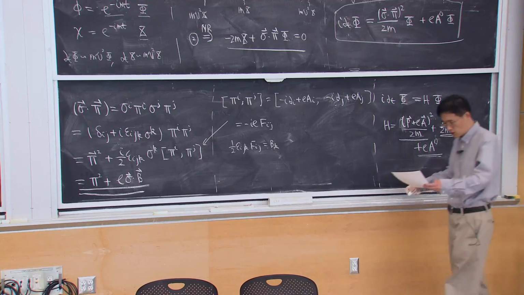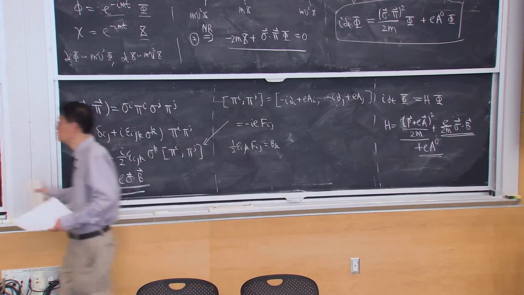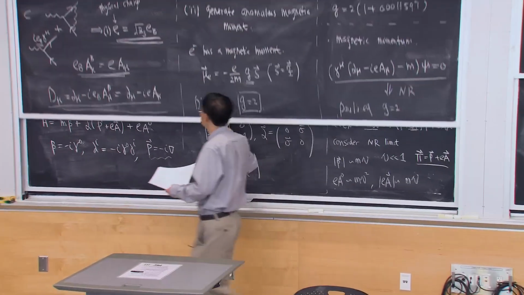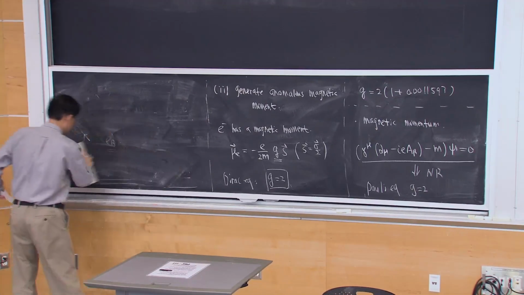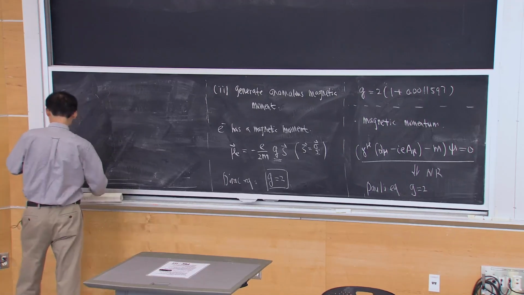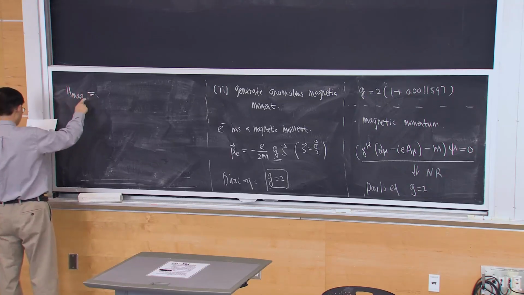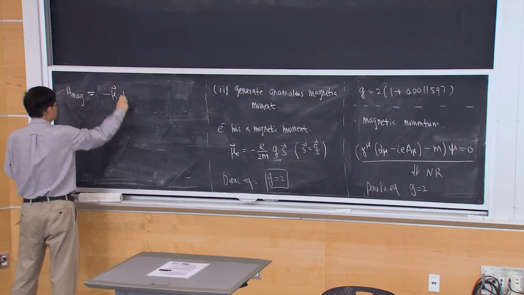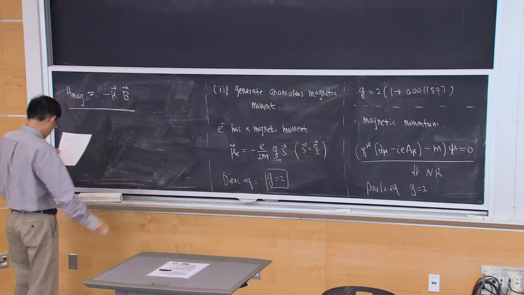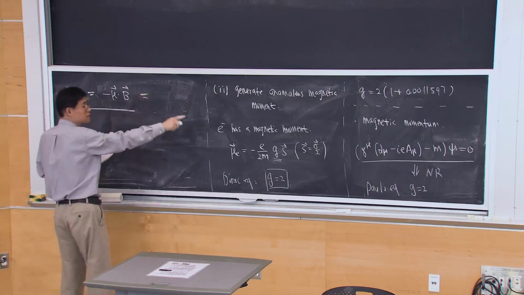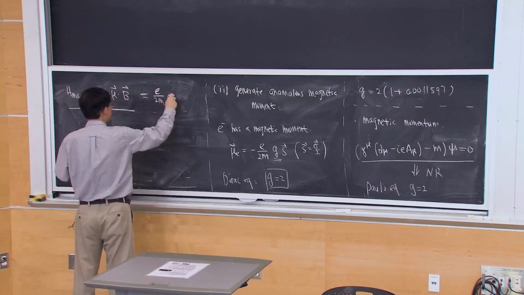Remember, when a particle has a magnetic moment, you have a piece corresponding to mu dot B. If you compare this with that term, we conclude that it is equal to e over 2m sigma dot B.